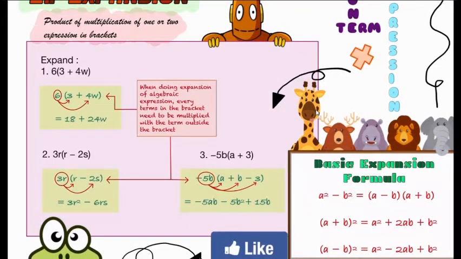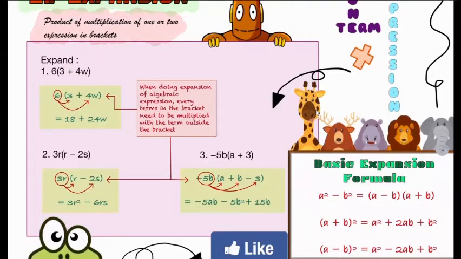Let's look at some examples. First, how do we expand an algebraic expression? The first example is 6 in brackets 3 plus 4w. If we write a bracket here, it means that 6 needs to multiply with 3 plus 4w.